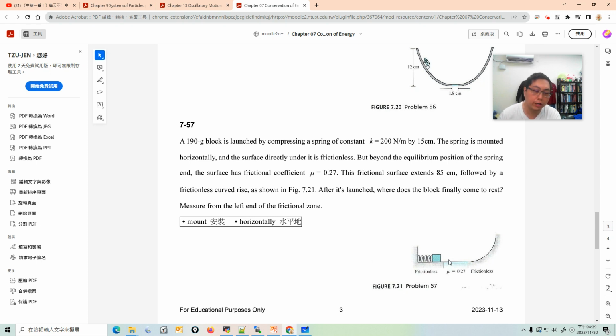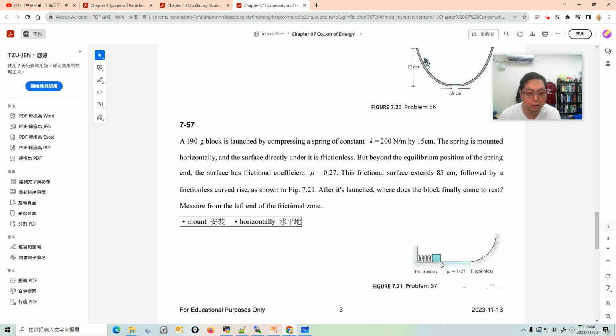After releasing the object, the spring goes back to its original position and becomes like a very hard object. When the object comes back from the curve across the surface, the spring never compresses anymore.